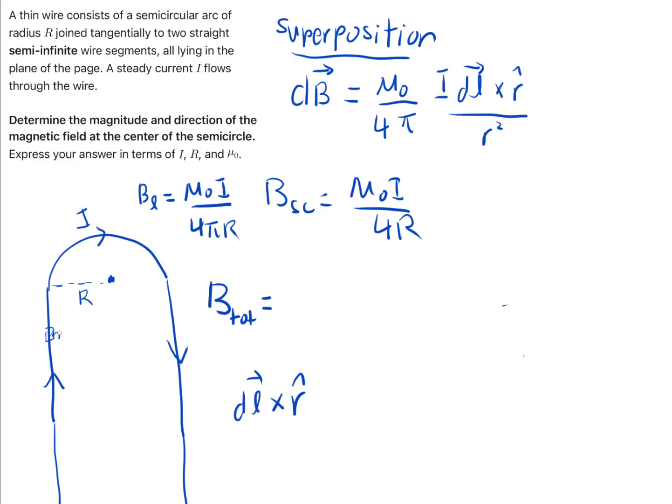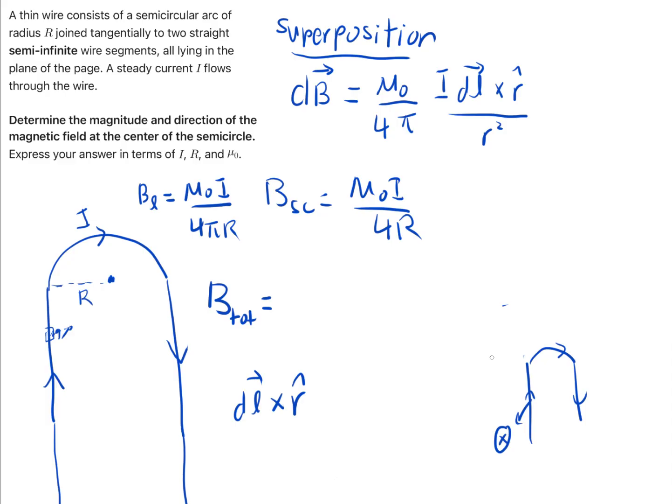We can do dl, that's there, cross r, and if we do that, it turns out that this will be pointing into the page. So it's going to be like that. It's kind of hard to see, but let's say I draw. So this will have a magnetic field pointing into the page.